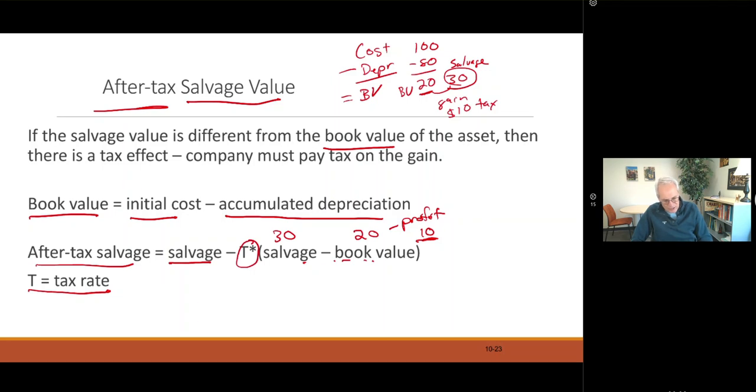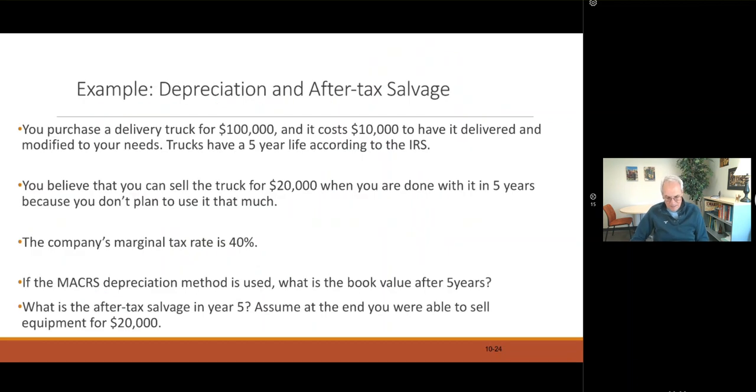Let's say you're in a 30% tax bracket. You have to pay $3 on it. You sold it for 30, minus your $3, so after tax you would get $27. That's what you would use in your cash flow calculations.